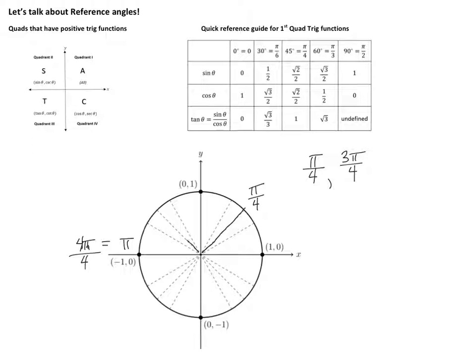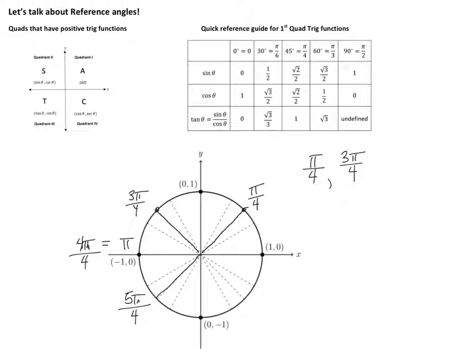That would make it 3 pi over 4. Okay, and then in quadrant 3, if we start at pi and travel a little more than pi, that would be 1 more, so that would be 5 pi over 4.